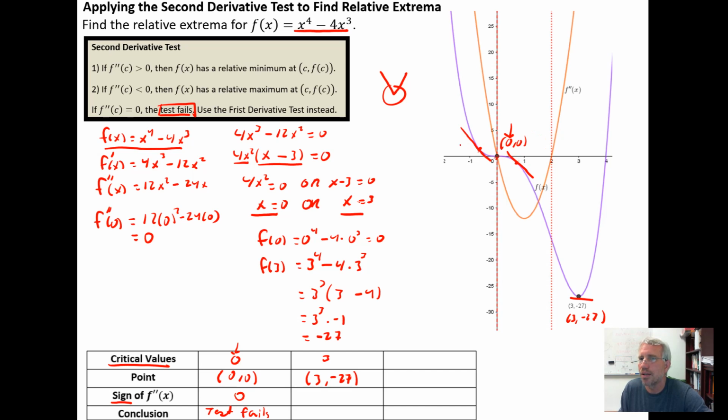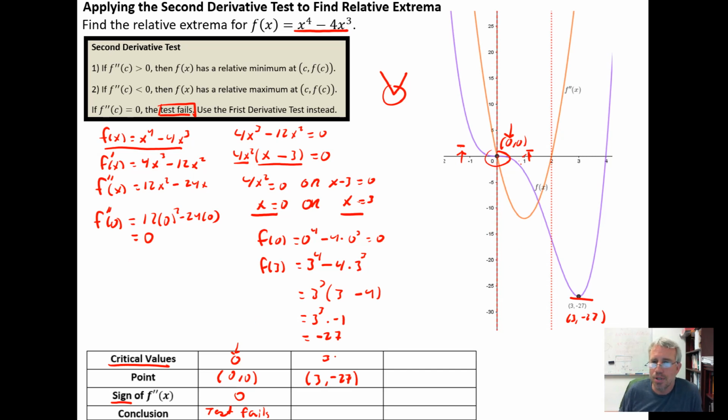Here the tangent line is negative, and here the tangent line is negative. If you don't have a change in the sign of the first derivative, or the slope of the tangent line, if it stays negative and negative, then you have neither a local minimum nor a local maximum. So the first derivative test would identify that this point is neither a maximum nor a minimum value.